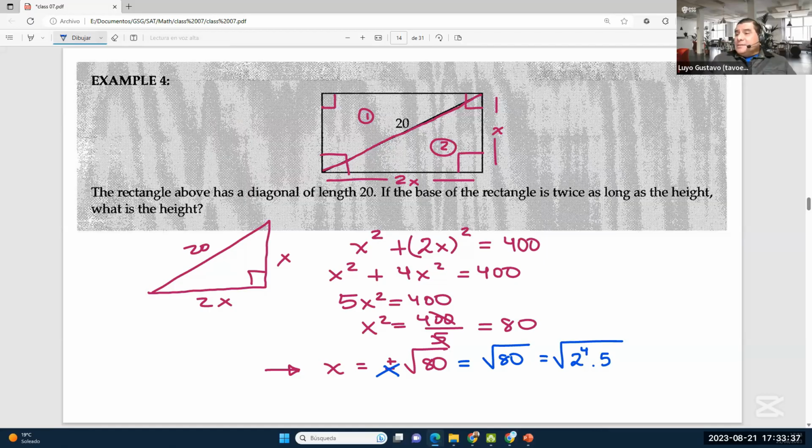So you can see easily that if you separate this like this, square root of 2 to the 4th times the square root of 5, then this one can be expressed as just an integer value. So this would be 2 squared, or 4, times the square root of 5. And this would be the correct answer. That's the length of the height. Well, let's see more examples.